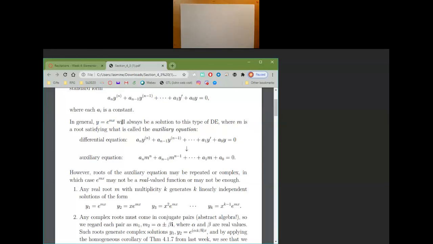But in particular, where m is a root satisfying the auxiliary equation, sorry if I say that weird, where the auxiliary equation is found by changing each of these ith derivative of y's into m raised to the i, and considering this as a polynomial instead of as a differential equation.